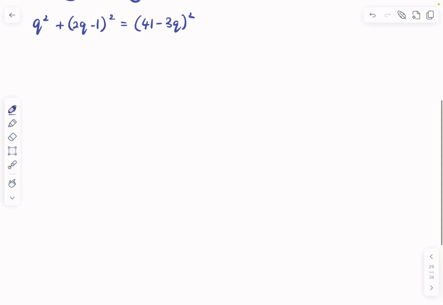Alright. Now we expand this. So this is q square. 2q we square it, will get 4q square. 2 times 2q is 4q. Minus 1 times negative 1 will be negative 4q. Negative 1 square will be plus 1. Then we do this side. 41 square.